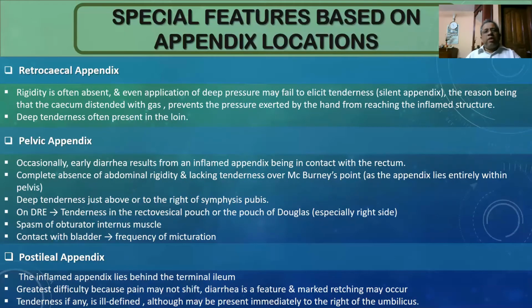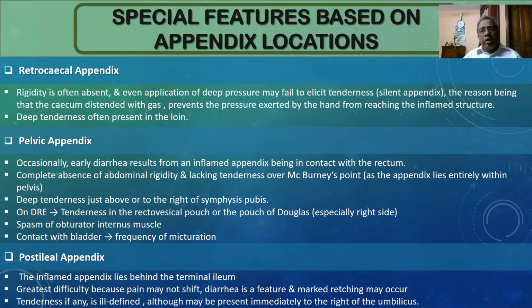Special features based on appendix location. Look, in the retrocecal appendix, the rigidity is often absent. Be careful and concentrate on the subsequent few lines, because these are very important parts.